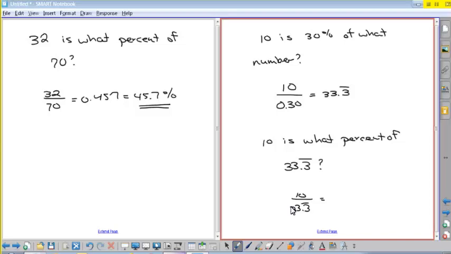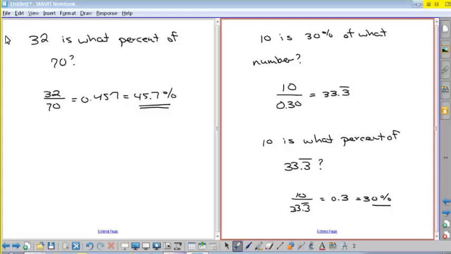I push enter and I get 0.3. Okay, so it's just kind of going backwards. And that's the decimal equivalent, which is the same as 30%. So those are the kind of tricky parts.